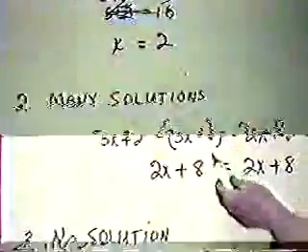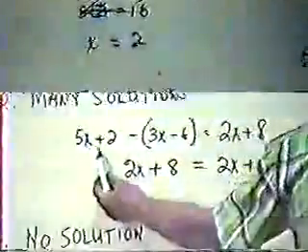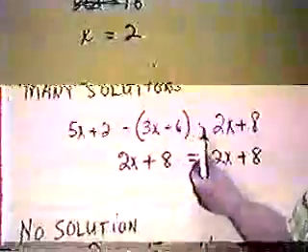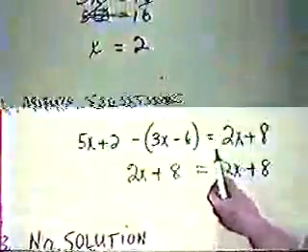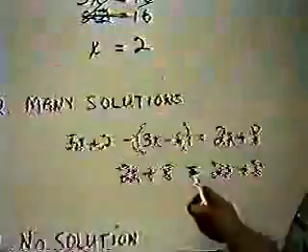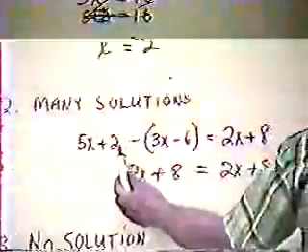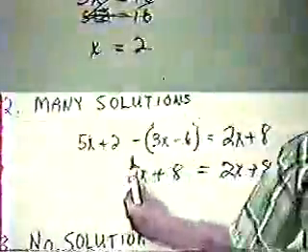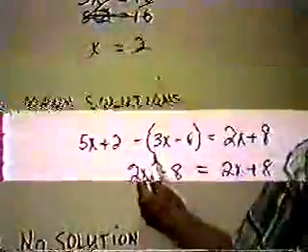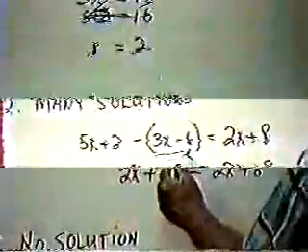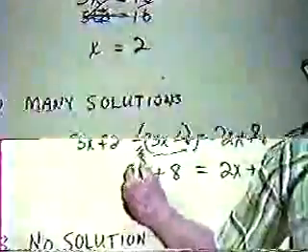The next case is, all right, let's say I have a 5x plus 2 minus the parenthesis is equal to 2x plus 8. Now let's learn here again the algebra, the arithmetic, the methods that we use. And the method is we remove parentheses. So if we remove a parenthesis, we multiply everything inside by what's directly in front of it.